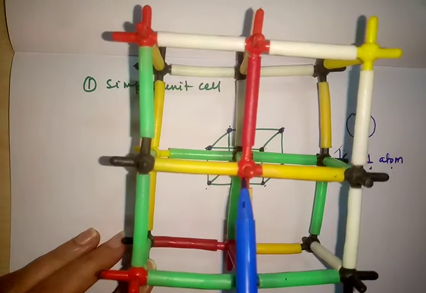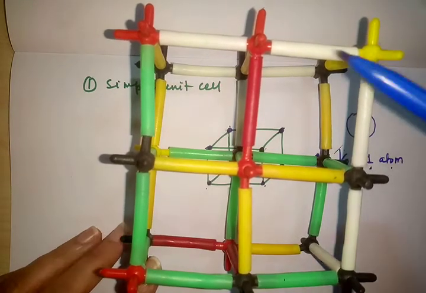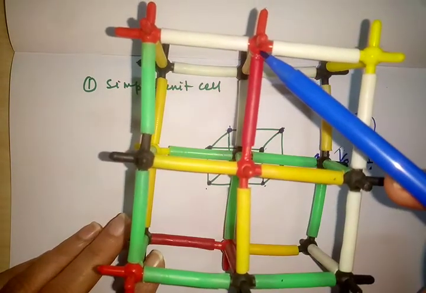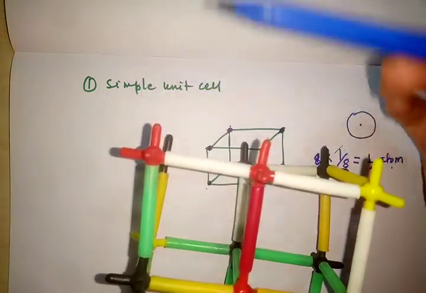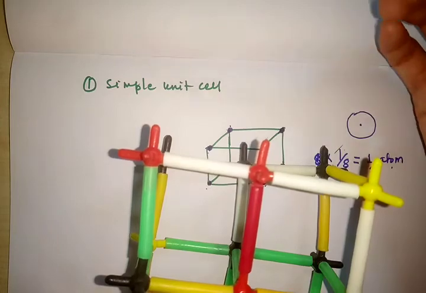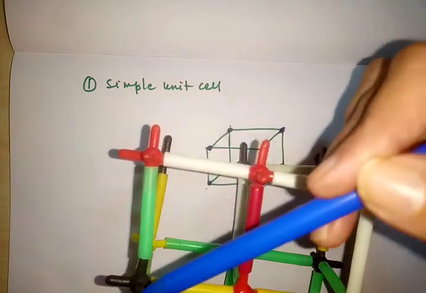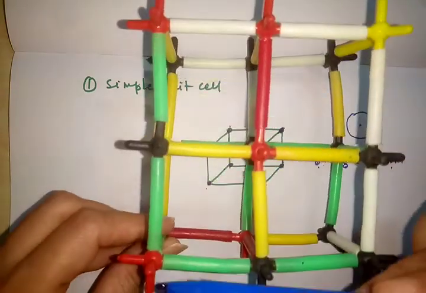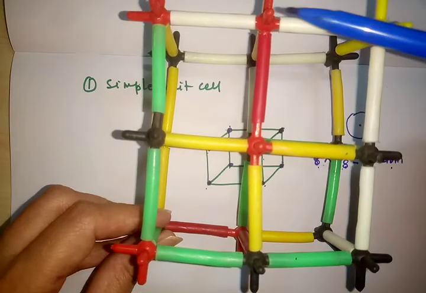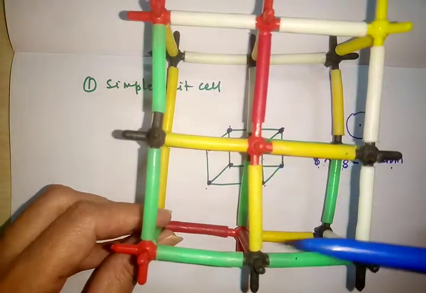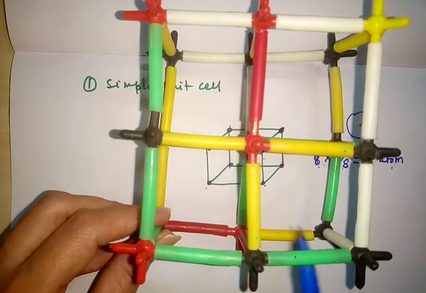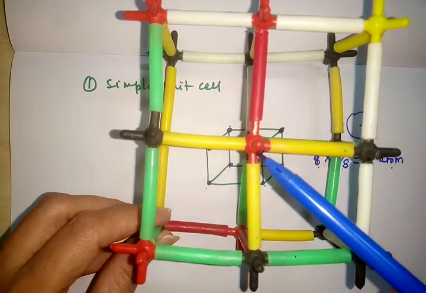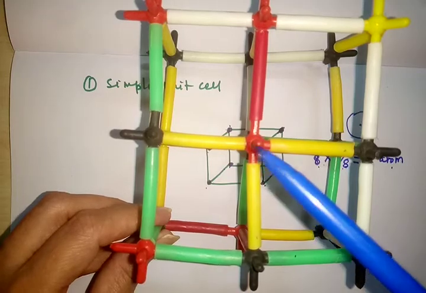This is the point here, or even if you consider here also, if you prolong this unit cell this way, it is again the same. This happens with each and every point which is at the corner of each unit cell. That is why I chose this point at the center of this model.